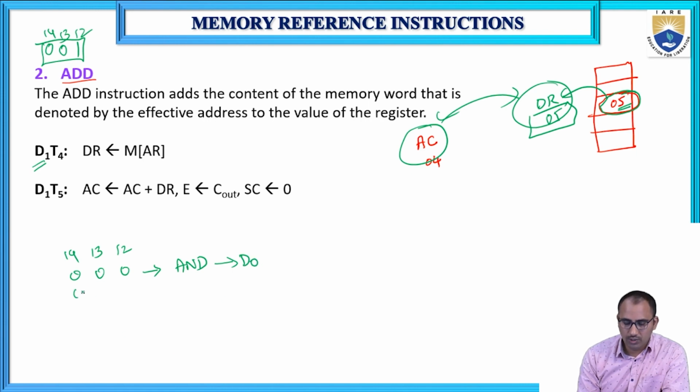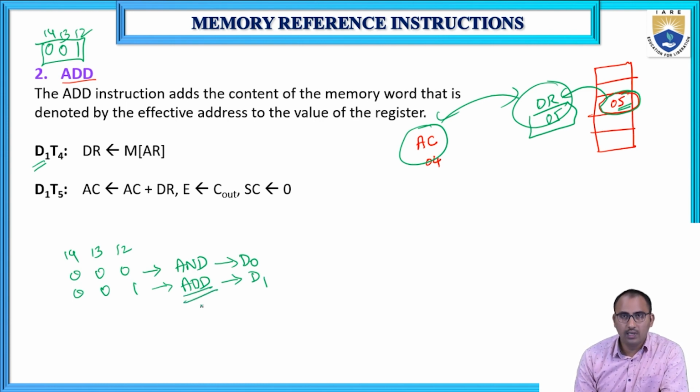Next, 0, 0, 1 is the control signal D1, and the operation is add. In order to perform the add operation, we require the control signal D1 and the timing signals: D1 T0, T1, D1 T2, D1 T3, D1 T4, D1 T5.